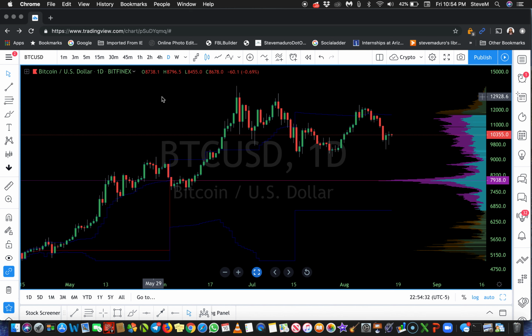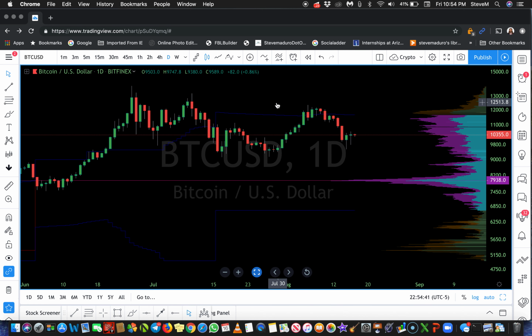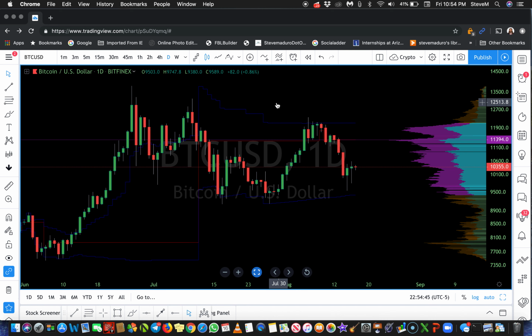So let's look at Bitcoin real quick. It's August 16th, 2019, and we're on a daily chart. The first thing I want to do is draw some type of supply zone. Right now we're playing around in this area here.